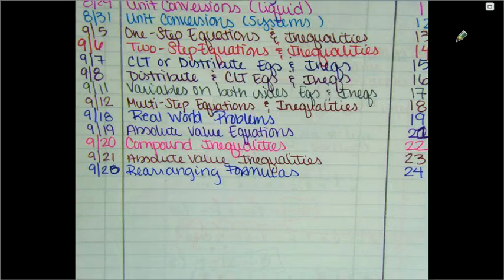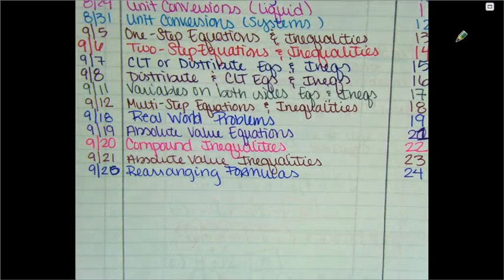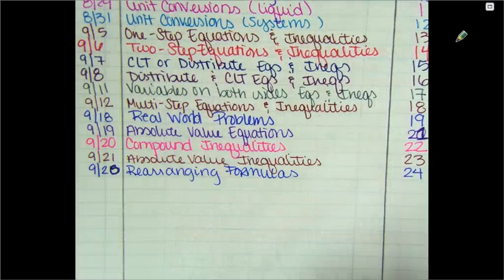Then you go to the next page. It doesn't matter that your pages are different than mine. It's that you have all the notes. So your pages can be off. It's the 26th. I wrote 25, so that's why I made it a 6.